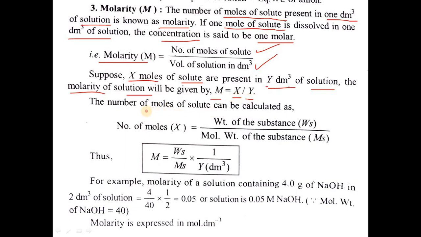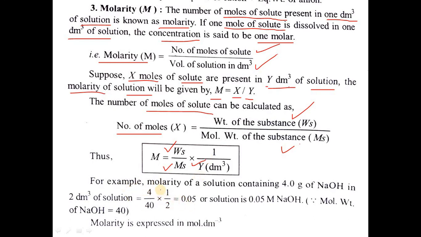So the number of moles is equal to weight of the substance divided by molecular weight of the substance. So M, meaning molarity, is equal to Ws, weight of the substance, divided by molecular weight of the substance, into 1 divided by y dm cube of the solution. Then we will see some examples.